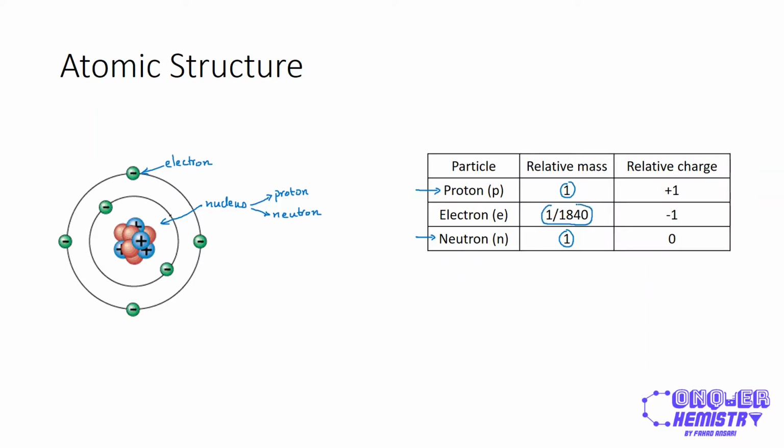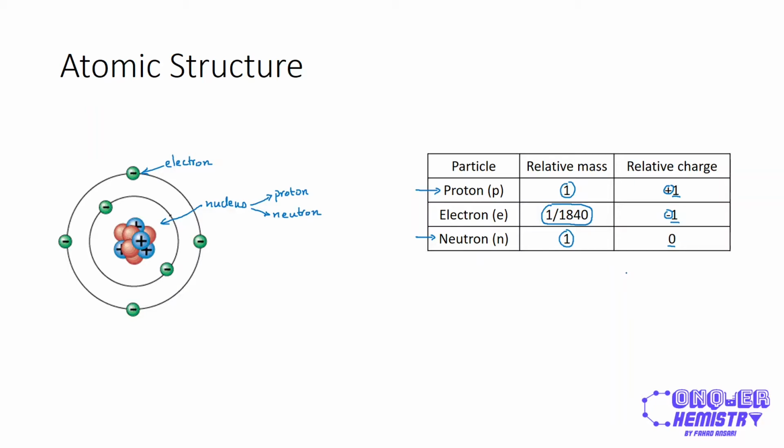So we write it as being 1,840th of the mass of a proton or neutron. When we talk about charges, protons and electrons have the same magnitude of charge, but with opposite signs, protons being positively charged, electrons being negatively charged, and neutrons do not carry any charge.